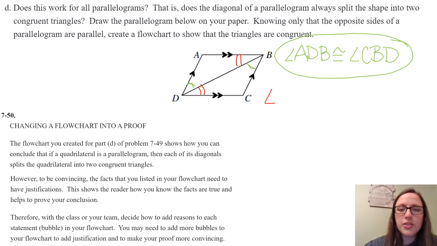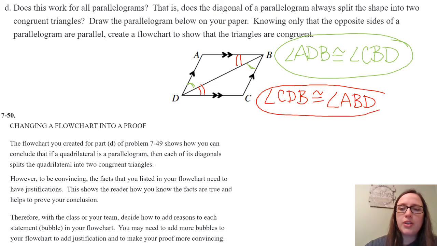So angle CDB is congruent to angle ABD. We really want to label it with the three letters because we have two different angles next to each other, so we need to tell those apart.